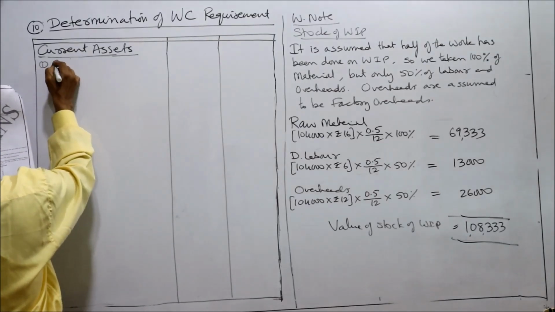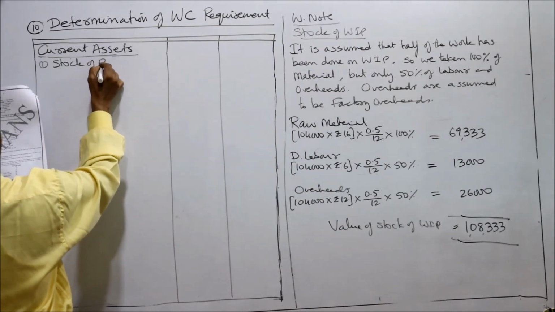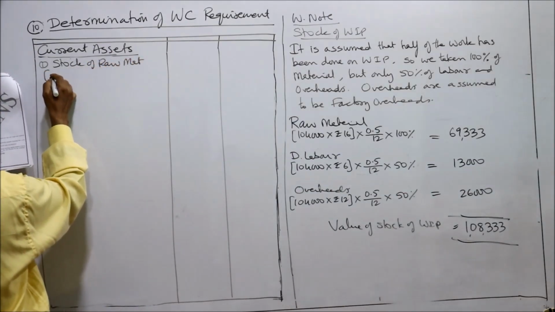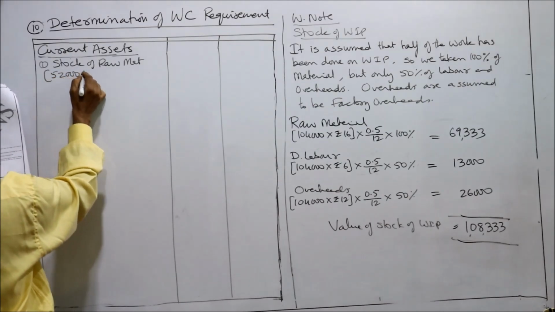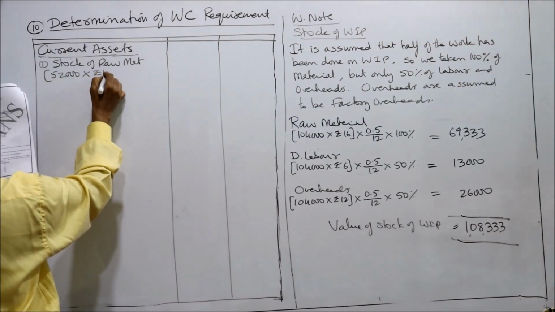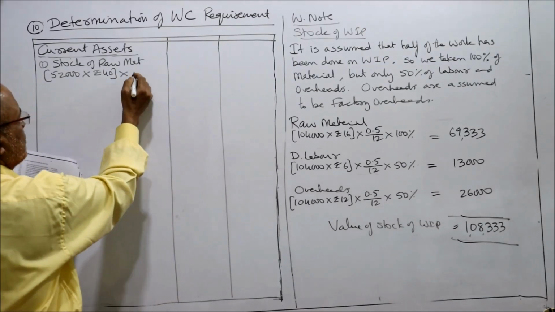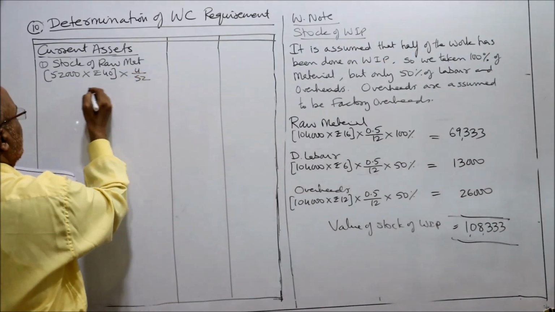First one, stock of raw material: 52,000 units into rupees 40 into raw material in stock on an average 1 month. So 1 month means 4 by 52 we will take.